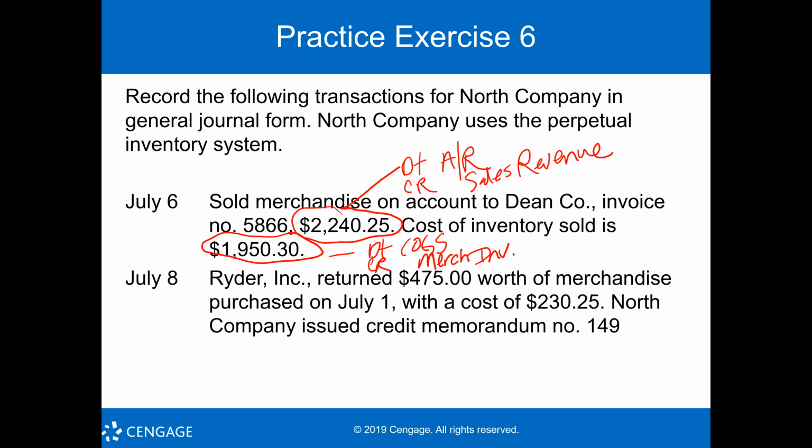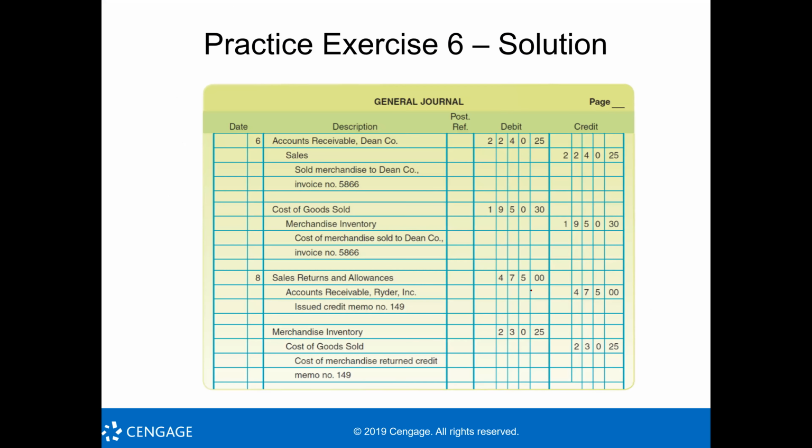And then July the 8th, Ryder Inc. returned $475 worth of merchandise purchased on July the 1st with a cost of $230.25. So again, this is the amount that's being returned, but this is the cost of those goods, right? All right, so if we look at these transactions, here's the 6th. Here's our first one to record the sale, debit to accounts receivable, credit to sales revenue.